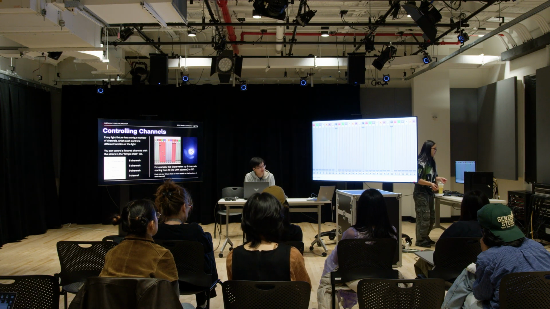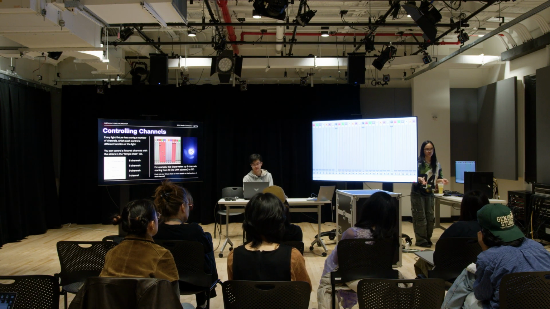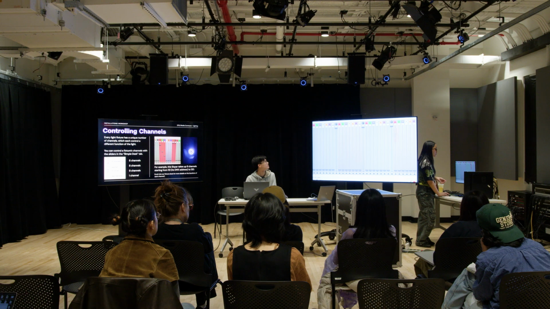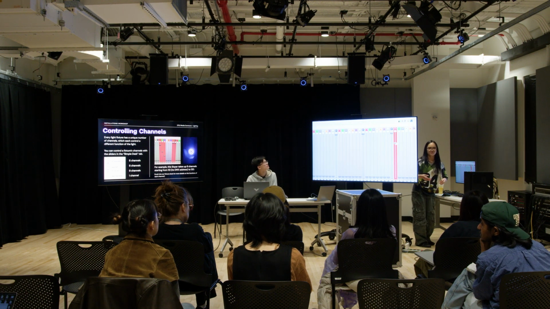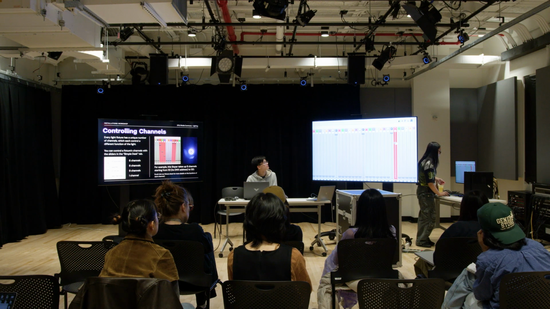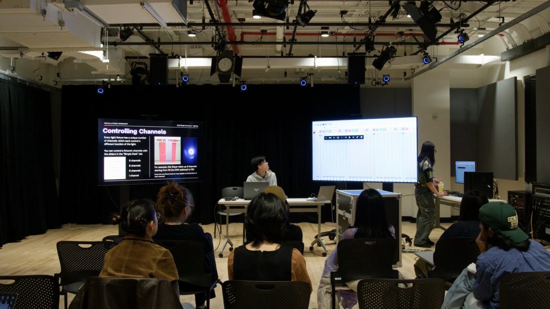So the first thing we want to do is turn on the light. Turning on just color won't do anything because there is no brightness on, there is no light on. So if you see right here, it's this little light bulb.